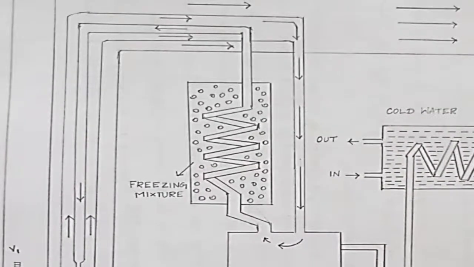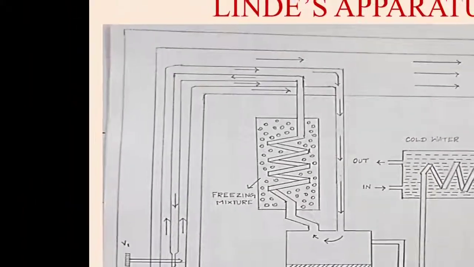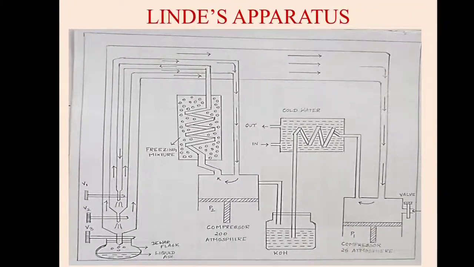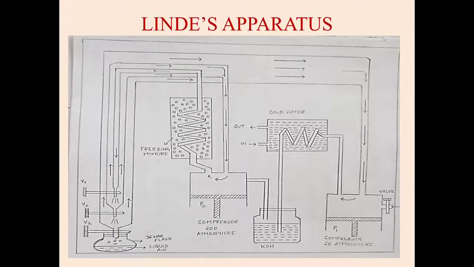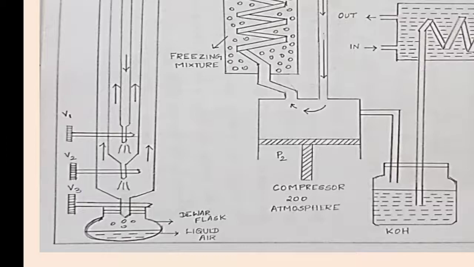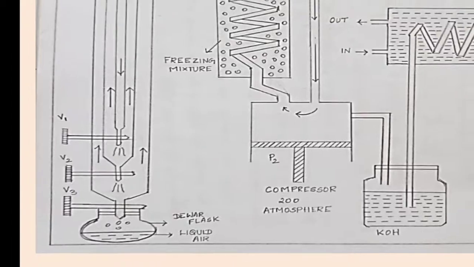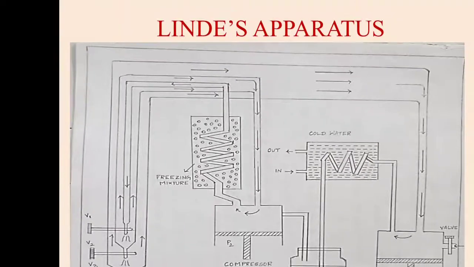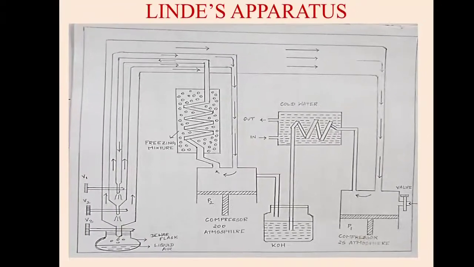Here you have a freezing mixture, and you can see three layers of tube for producing the regenerative cooling, and the valves V1, V2 and V3. At valve V1 and valve V2 the gas will experience Joule-Thomson expansion, and here we have the Dewar flask for collecting the liquefied air. So this is the diagram of Linde's apparatus.